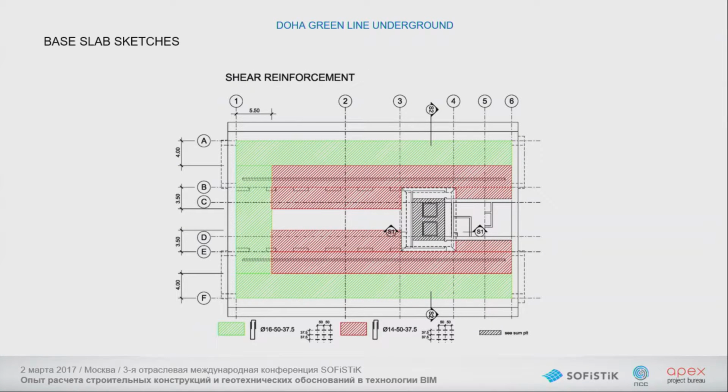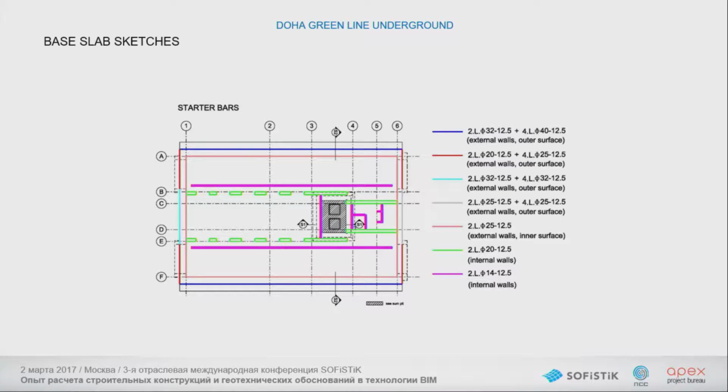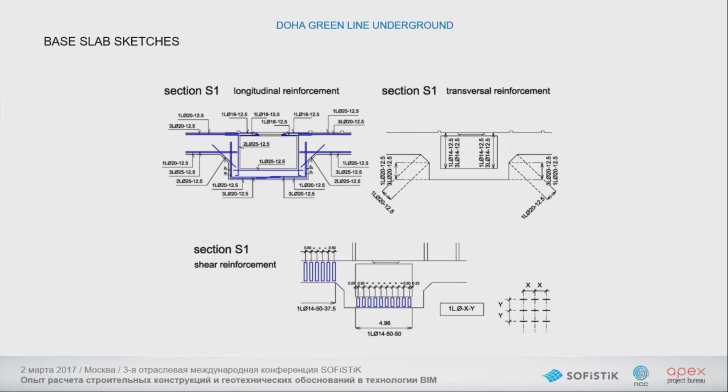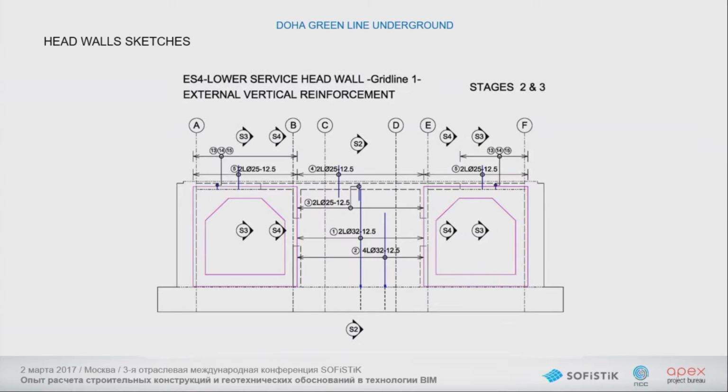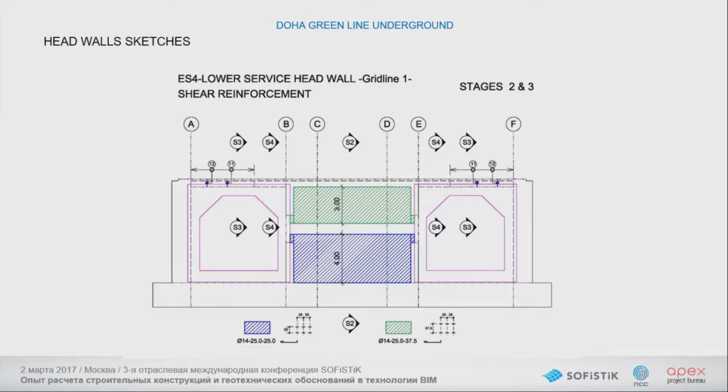This is the transversal reinforcement, with a few different areas of transversal reinforcement for shear. Starter bars, because I think this is a foundation slab, and details, and more sketches to be drafted.